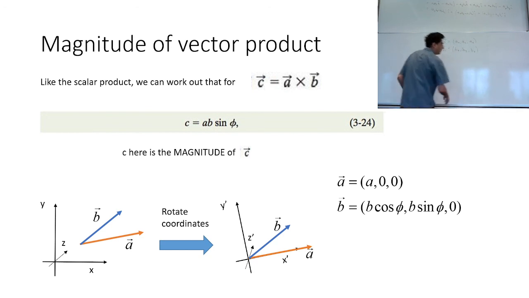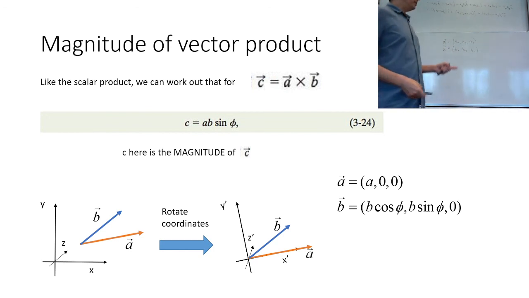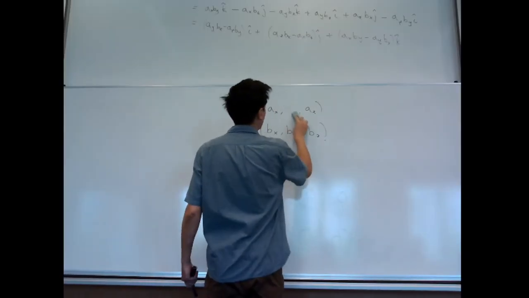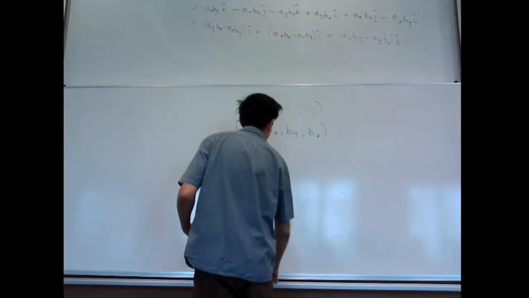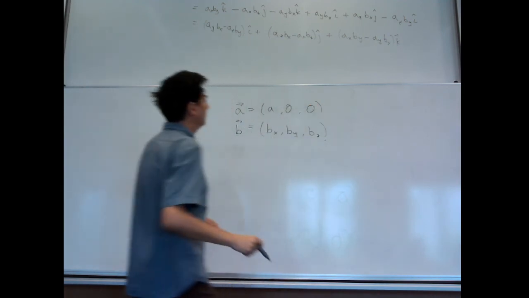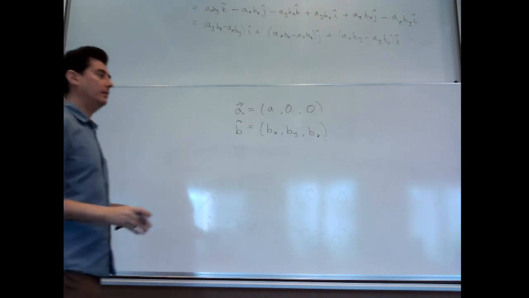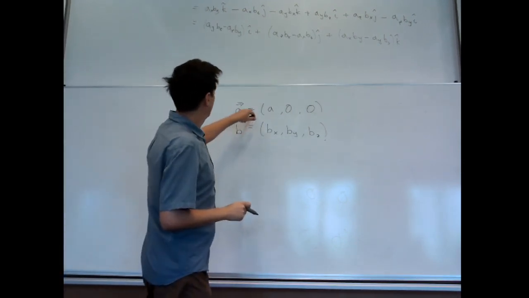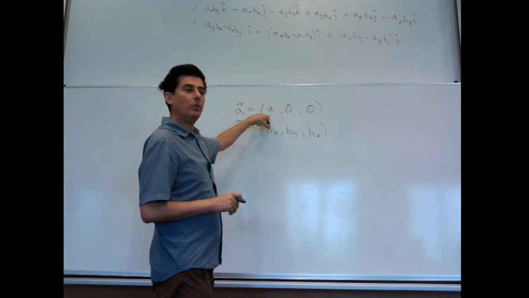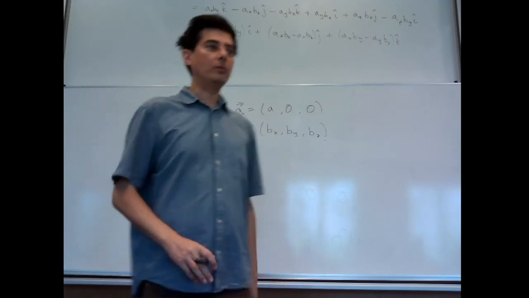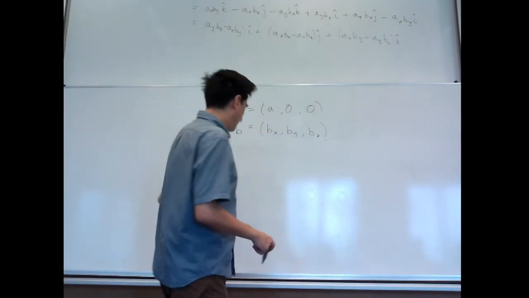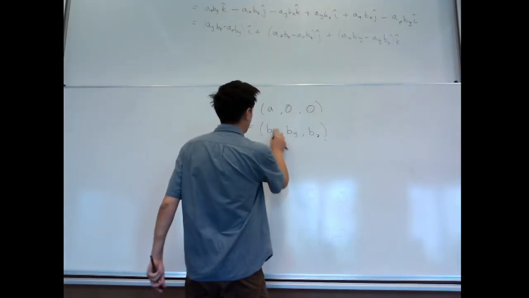So we're going to choose our coordinates so that A is pointing exactly along the x-axis. So we can choose our A to be basically this one. And we can always do that because we can just rotate our coordinates to do that.